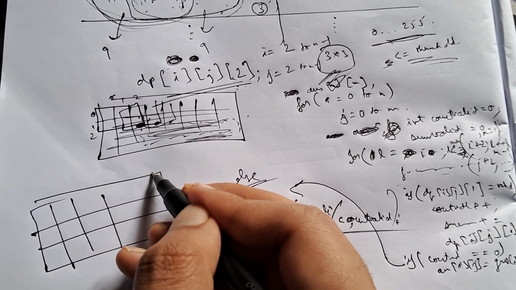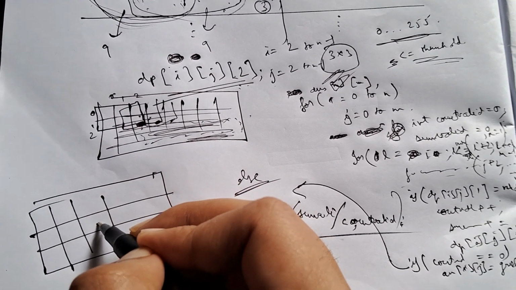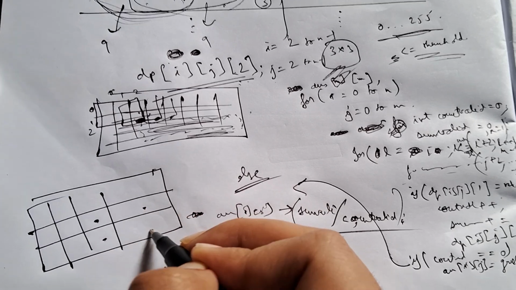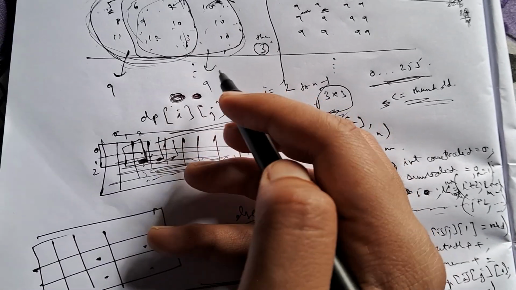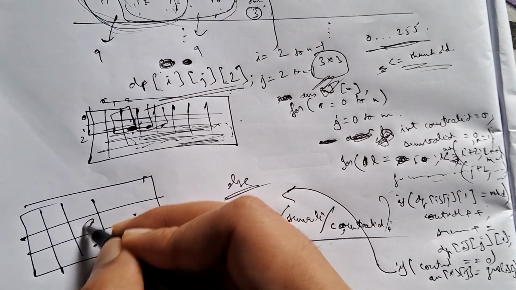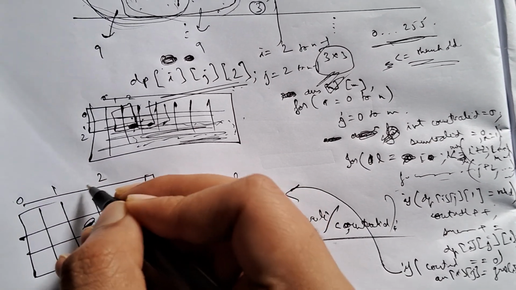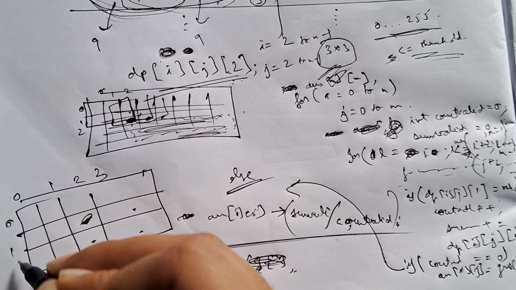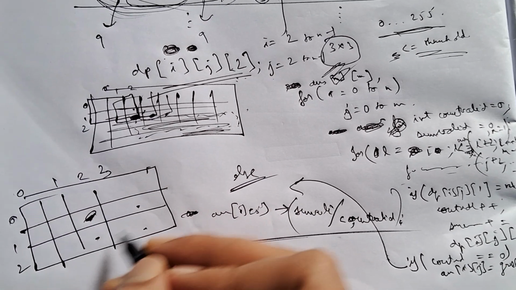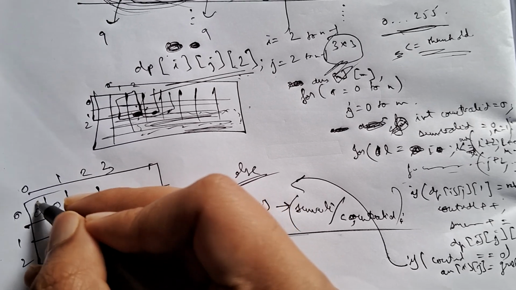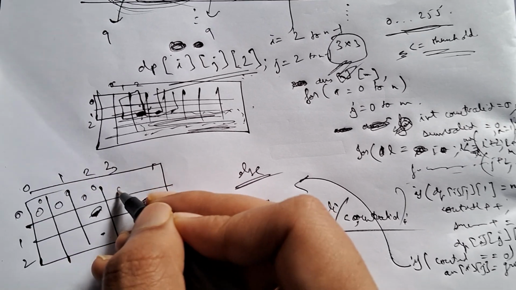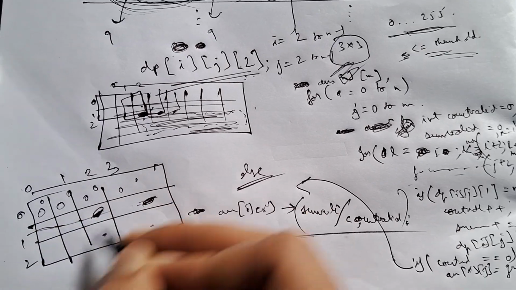Okay, so we know that we are going to check for this and this. Sorry, not this, 0 1 2 2 3 0 1 2. So we are going to check from 2 comma 2 to all the elements. For these elements, otherwise all of them are 0 valid, 0 sum, 0 valid.